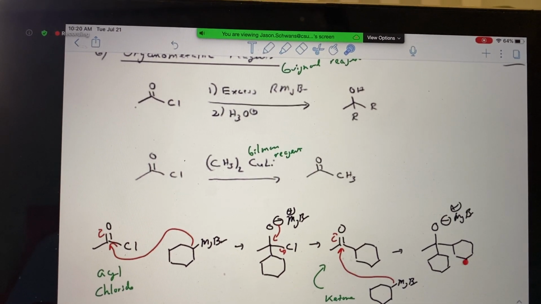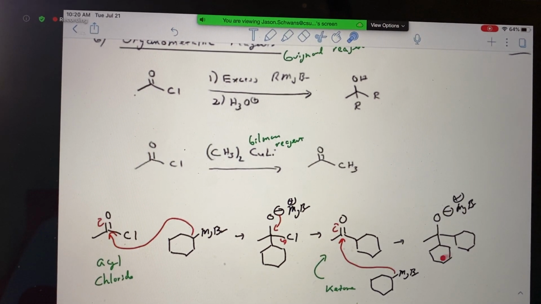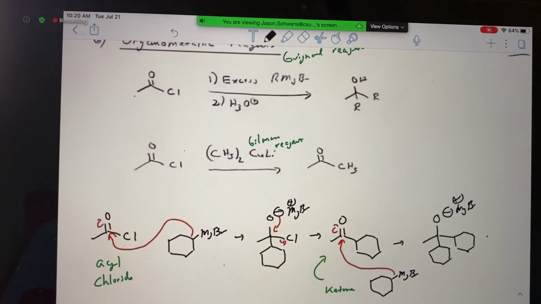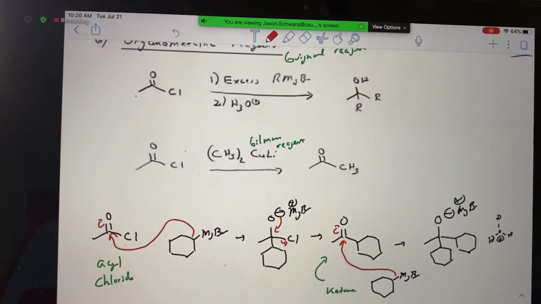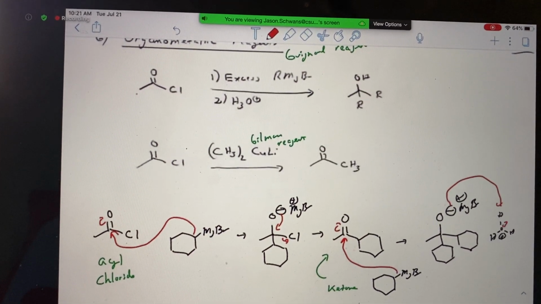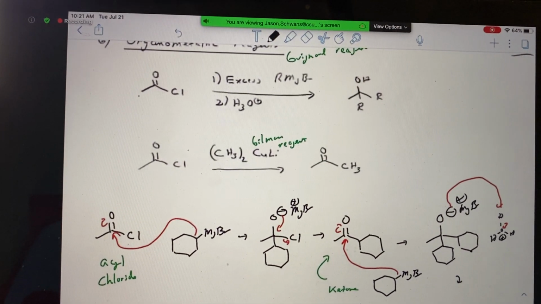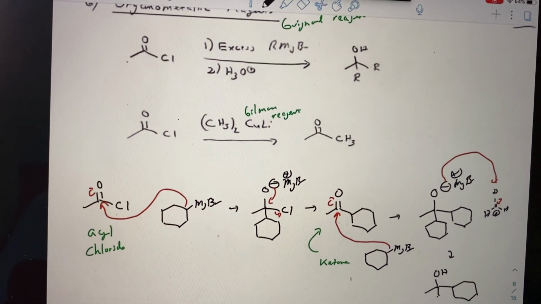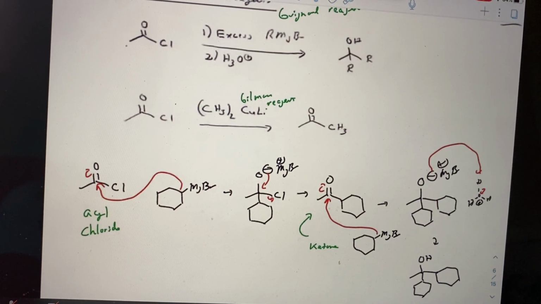Now when we look at this reagent here, we do not have any good leaving groups. So we just have all of these carbons around. We've added our R group 2 times. So all we're going to do is add acid. Okay, so that would be our final product.